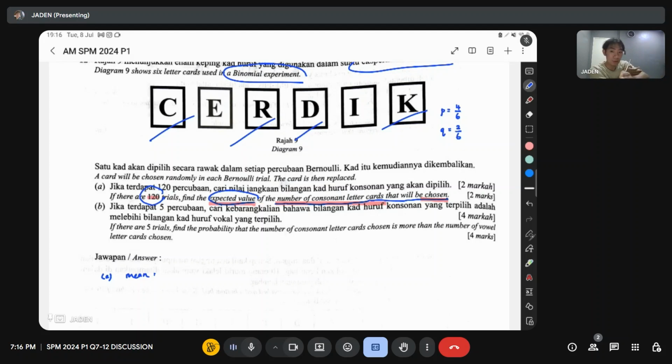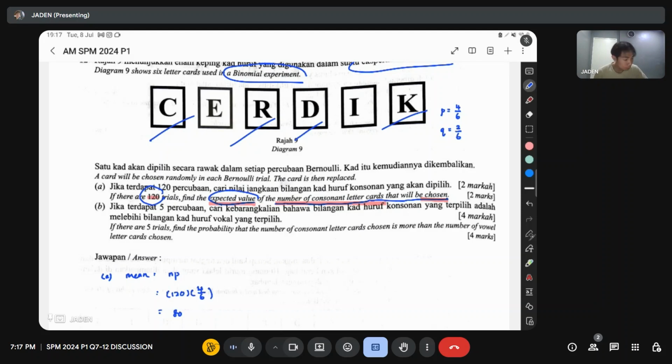Mean, we are using n times p. So if you calculate the mean, which is 120 times 4 over 6, you get a result of 80. You will know that out of 120 trials, 80 of them is the number of consonant letter cards that will be chosen. That is how you could actually understand it.